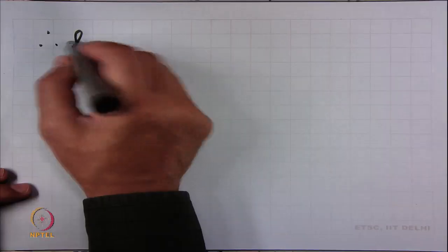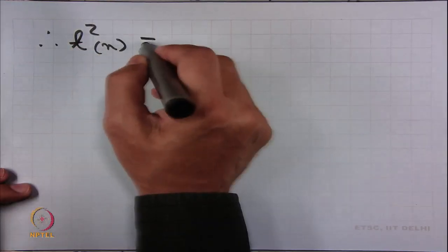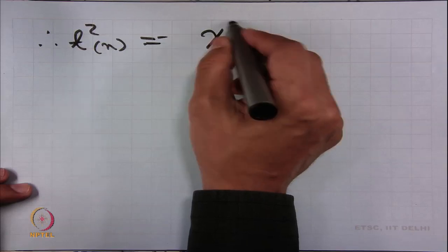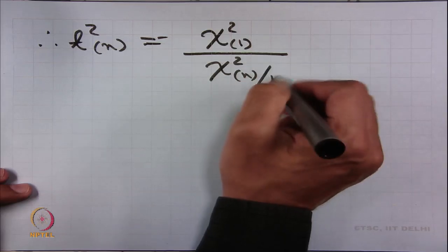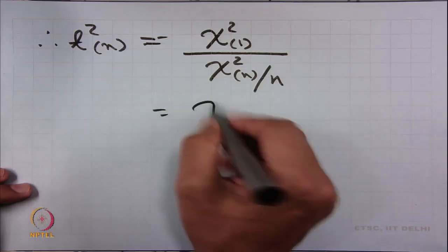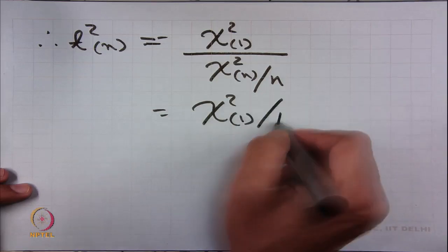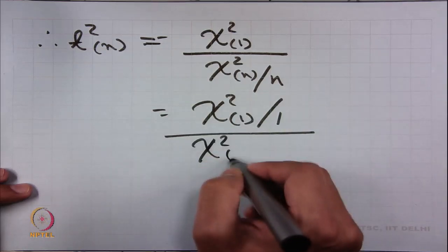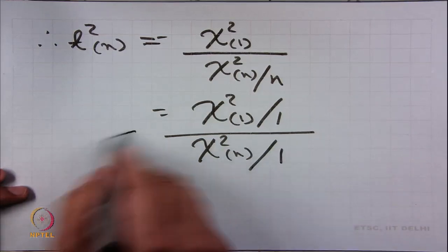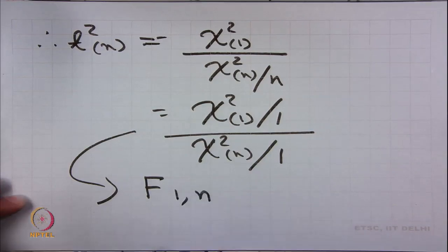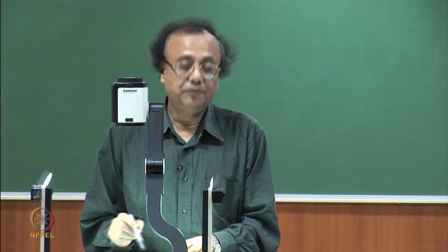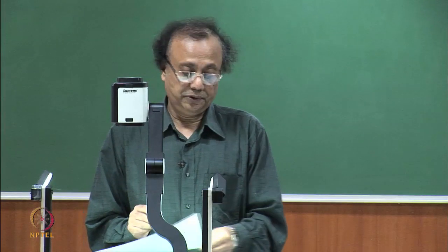Therefore, t square n is equal to chi-square with 1 degree of freedom divided by chi-square n by n, which is equal to chi-square 1 by 1 divided by chi-square n by n, and this is precisely F of 1 and n degrees of freedom. Thus, we can see that the square of t distribution also follows an F distribution.